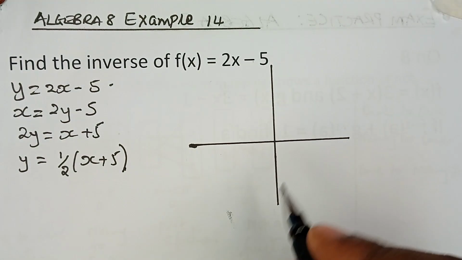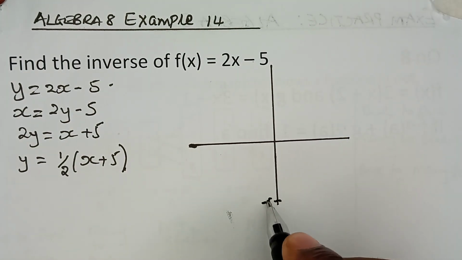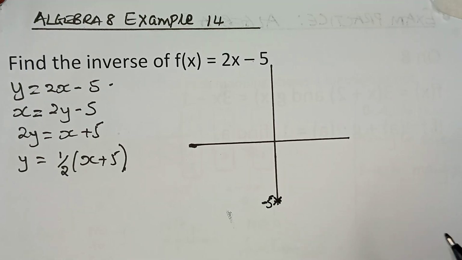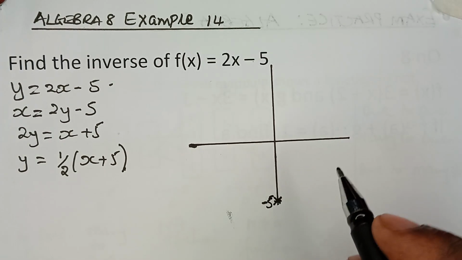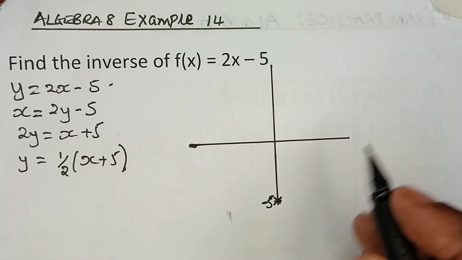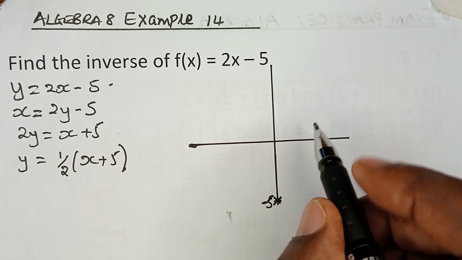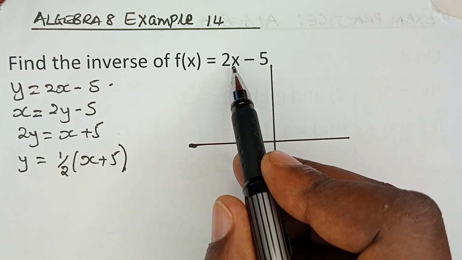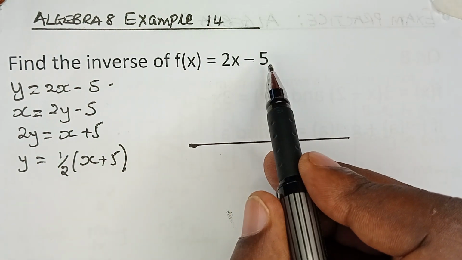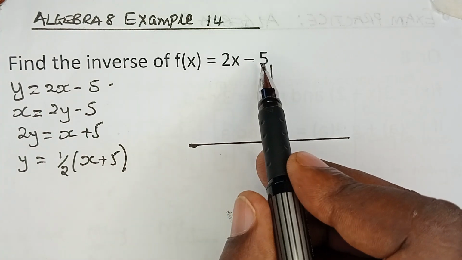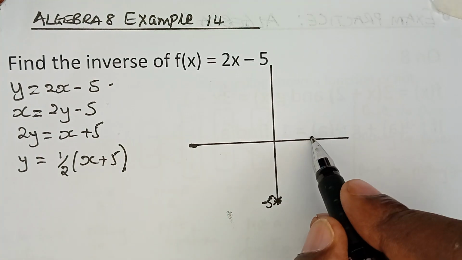When x is 0, y is a minus 5 there. When y is 0, then x is 2.5, because 2x minus 5 is equals to 0. So 2x is 5 and x is 2.5.